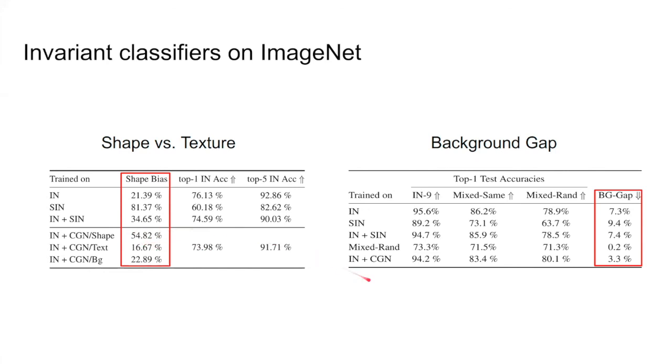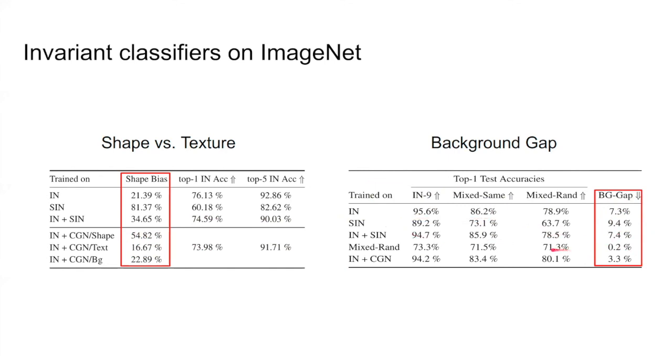So it's working here. And here we also have a different data set, a subset of ImageNet from prior work, where they do the same thing we did, but manually: they crop objects out of images and paste them on different backgrounds to measure how much the classifier bases its decision on the background. Usually the gap is around 7% or 10%, depending on what you train on.